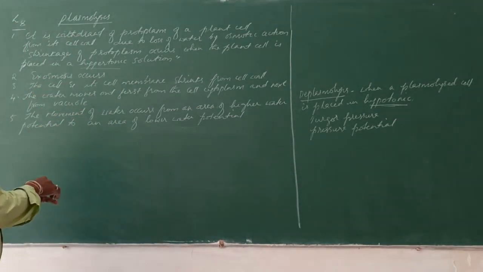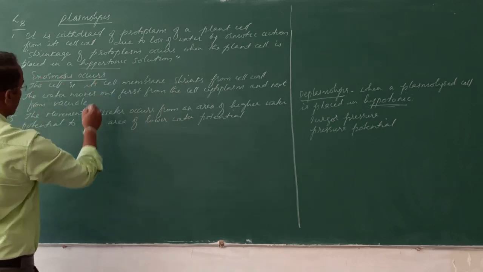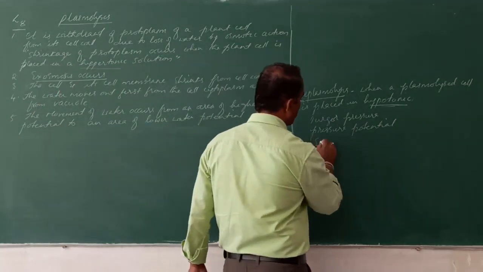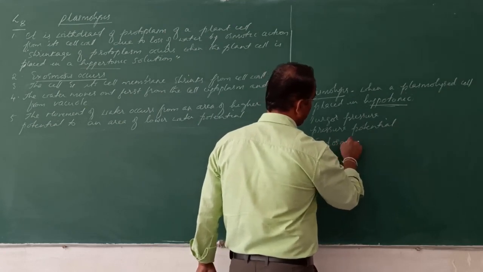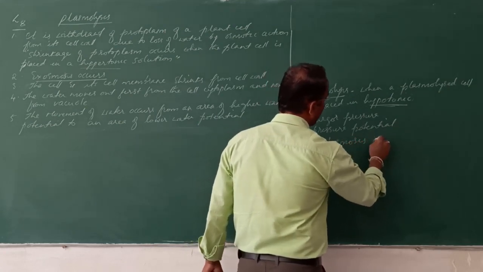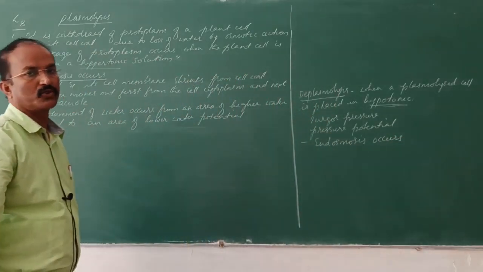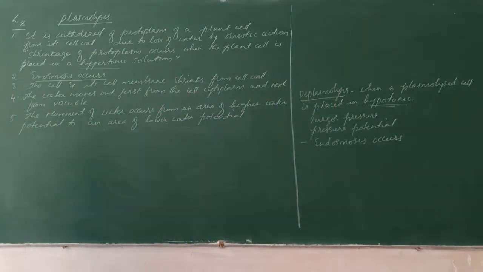Endosmosis occurs. Endosmosis means what? Water moves into the cell from the external medium or from the neighbor cell. So that is deplasmolysis.